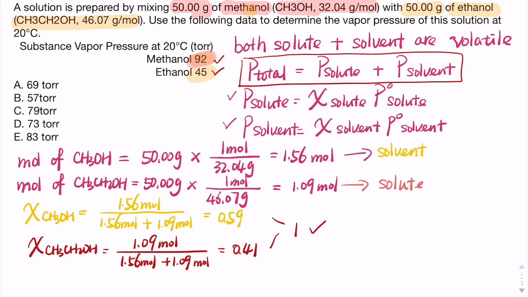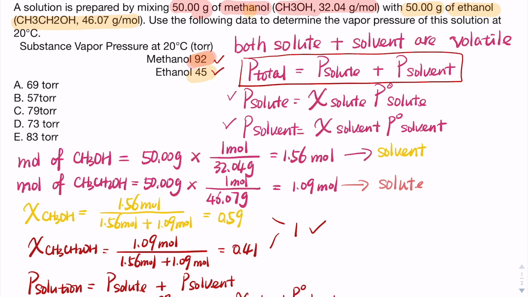So the total pressure of this solution equals the vapor pressure of the solute plus the vapor pressure of the solvent. The next step will be the mole fraction of the solute, which in this case is our ethanol, times its pure vapor pressure, plus the mole fraction of the solvent times its pure vapor pressure.